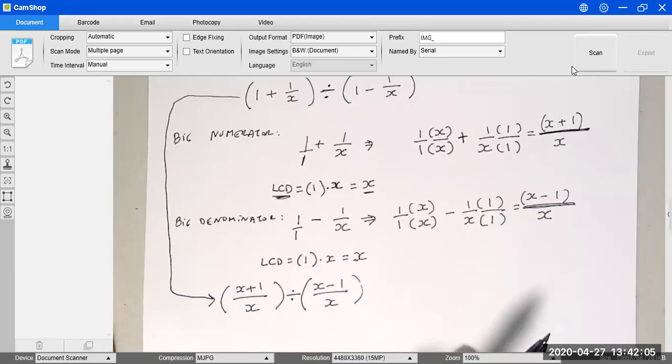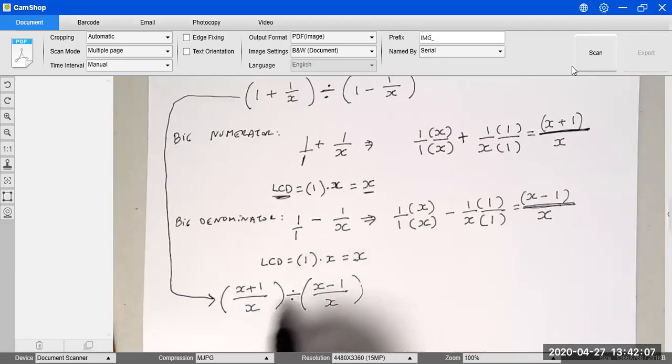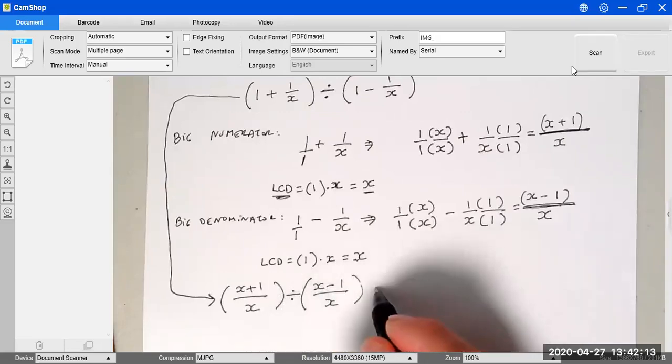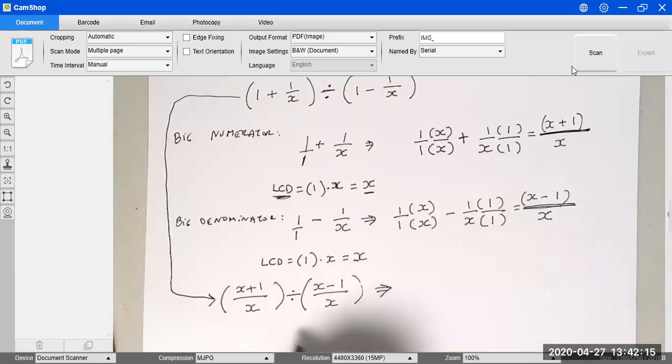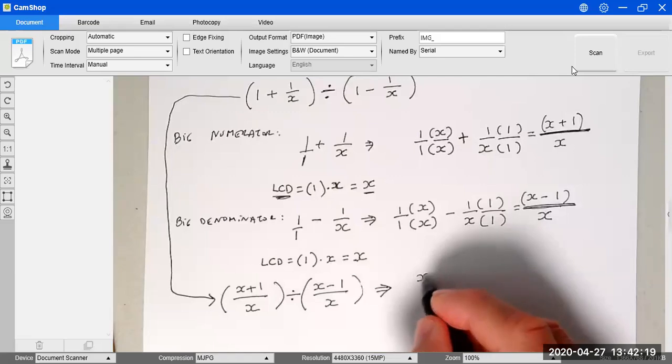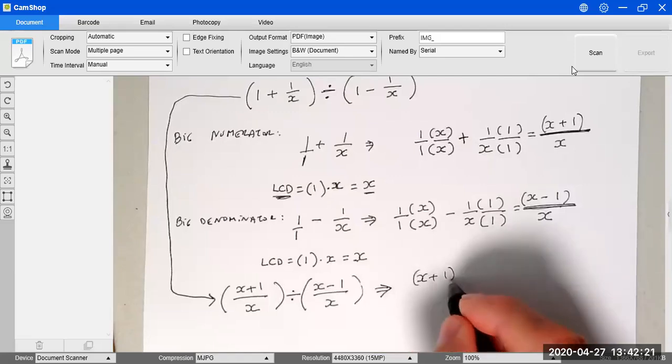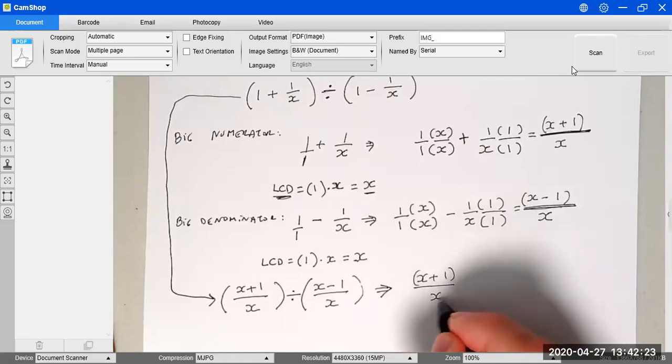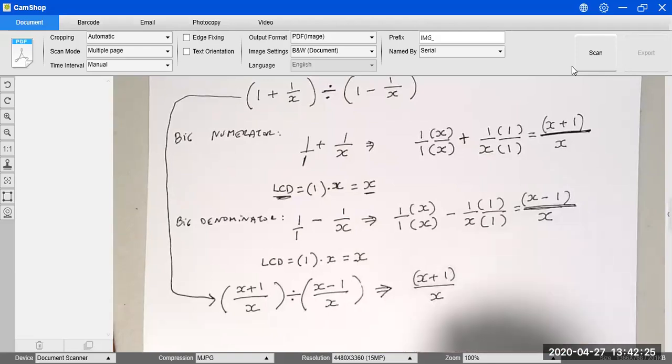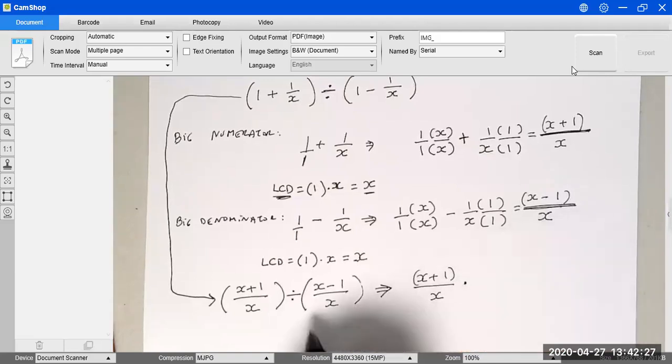So the next step is when you have the division of two rational expressions, remember, we're going to convert this into a multiplication. So the way that we do that is we're going to write the first rational expression the same without changing anything. Then we're going to use the operator for multiplication instead of the operator for division.